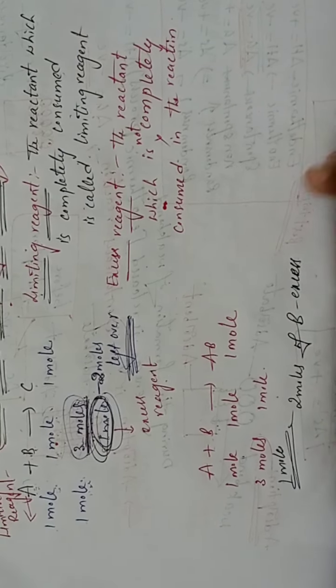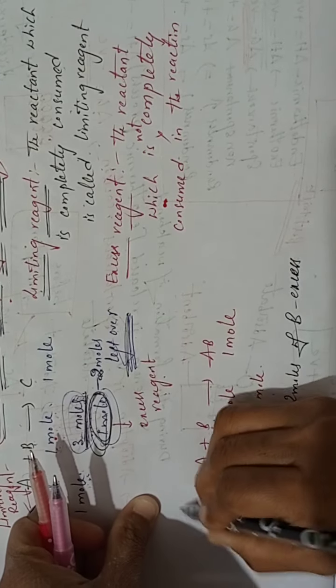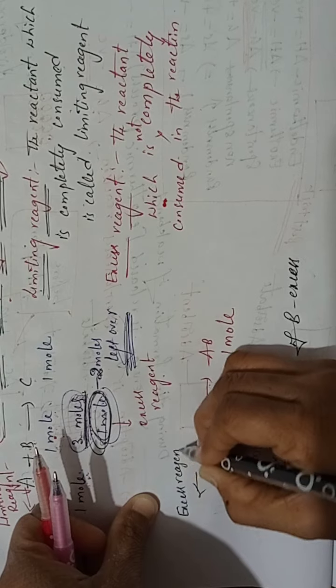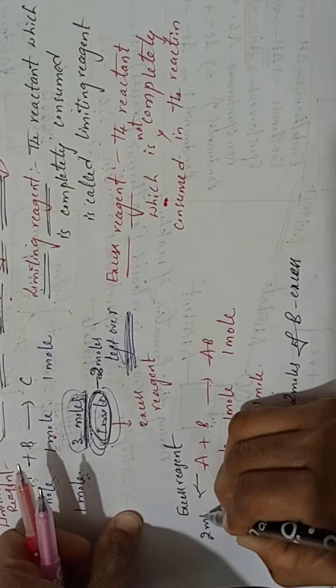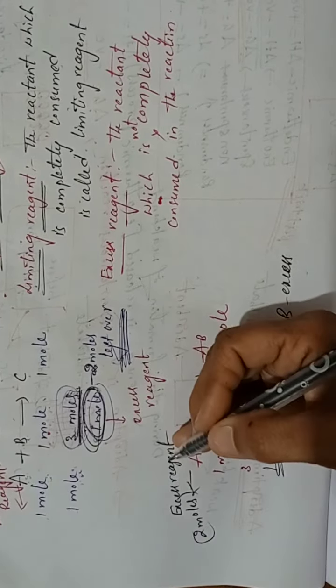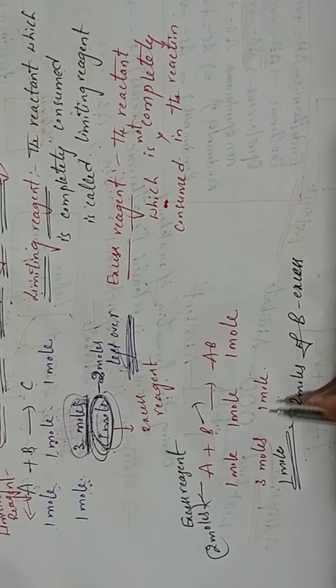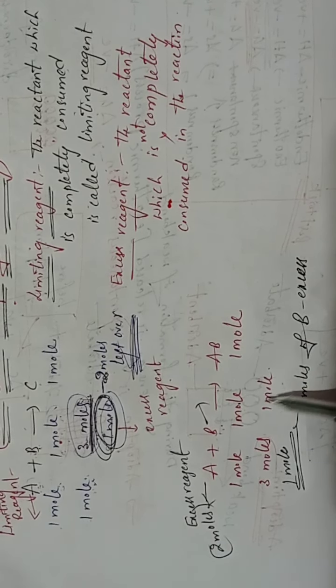So that is an excess reagent. Clear this one? So which is the excess reagent, students? A is the excess reagent. How much is left over? 2 moles. Clear this one? 2 moles are excess. Now coming to B, which one, students? B is the limiting reagent. 1 mole actually, and it needs only 1 mole. So 1 mole only is consumed.